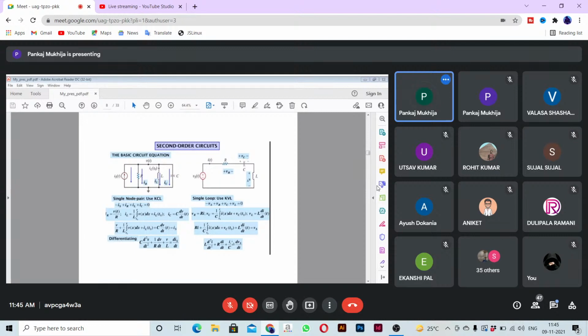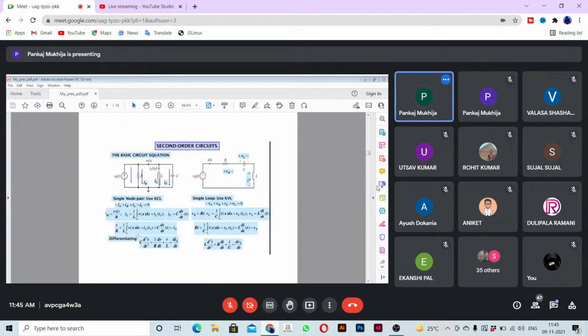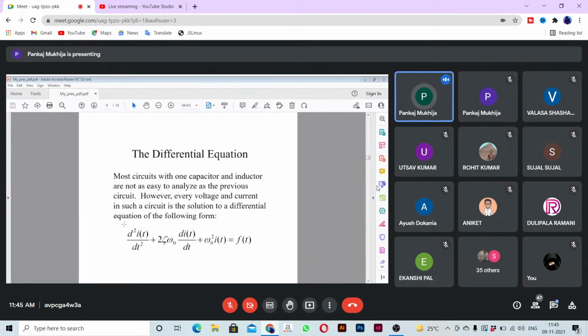Now, whatever form you take, whether you consider the parallel RLC or the series RLC, whatever configuration of the circuit you have, all of them can be expressed like this in general.